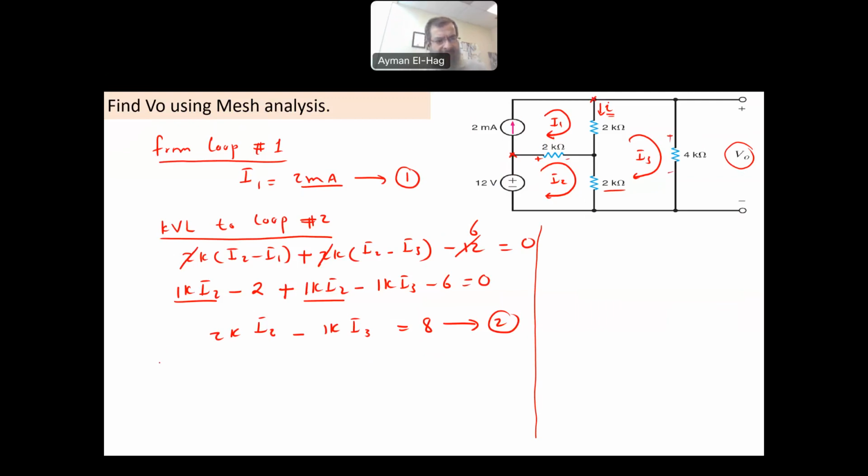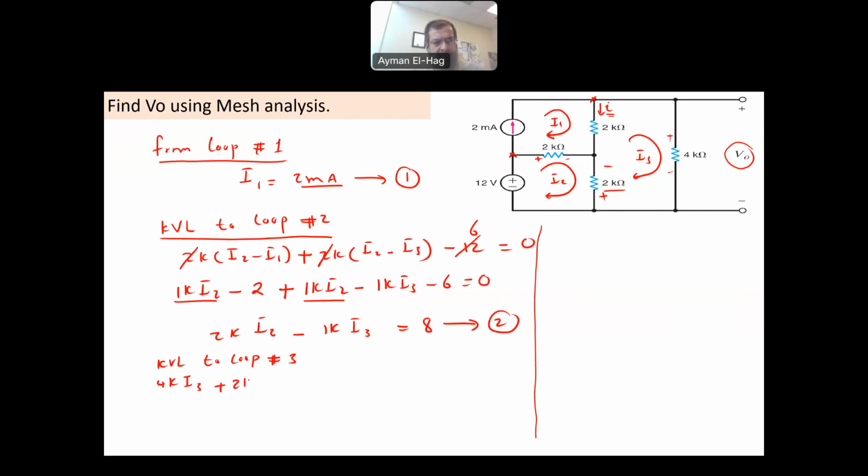So KVL to loop number 3. We will have plus 4K I3, plus, the polarity here now becomes plus minus. Again, we'll follow the direction of the current in that specific loop.